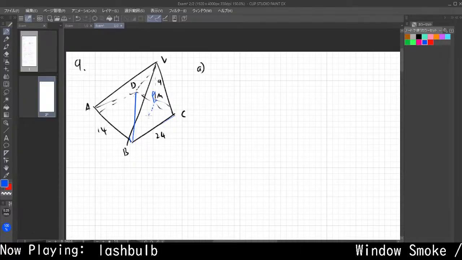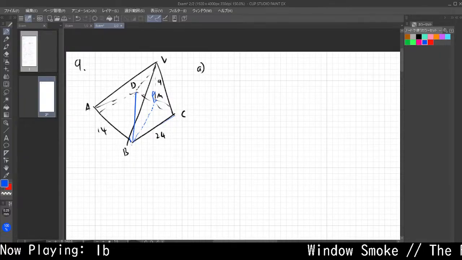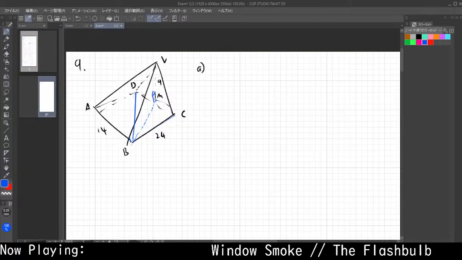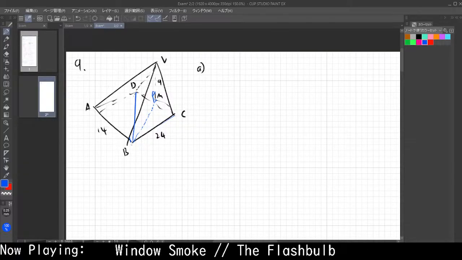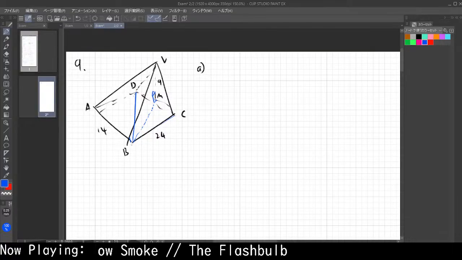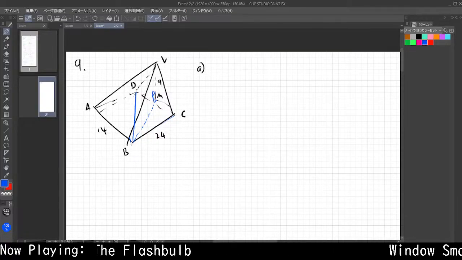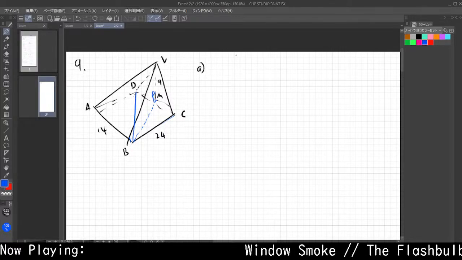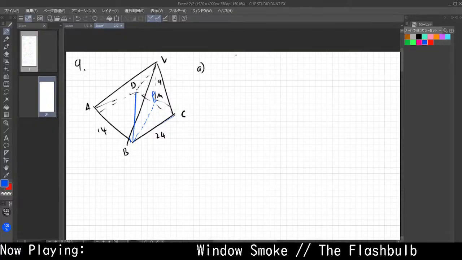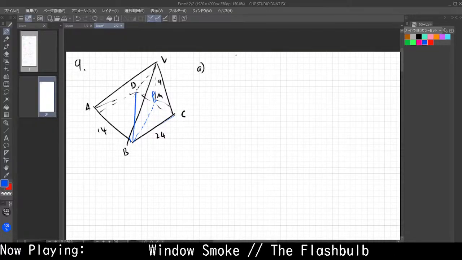Therefore, we'll be using this one instead, because V is not vertically above DC or BC, but it is vertically above M. We want to form a right angle triangle between the line and the plane.